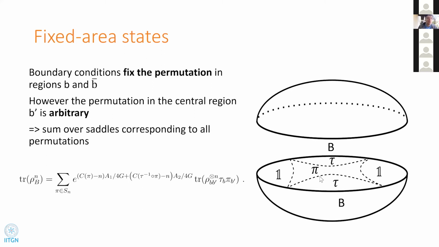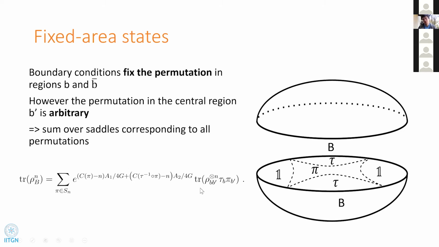When you do this, you get a formula for trace of rho to the n, which just looks like a sum over each of the saddles, labeled by permutations, times the contribution to the gravitational action that we get from the conical singularities of the surfaces, plus the contribution from doing the path integral over the bulk fields, which just gives us the expectation of these operators tau and pi that permute the different sheets.